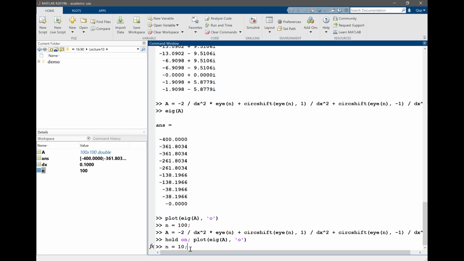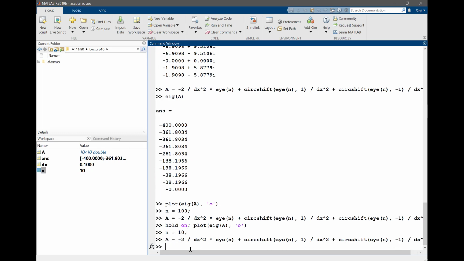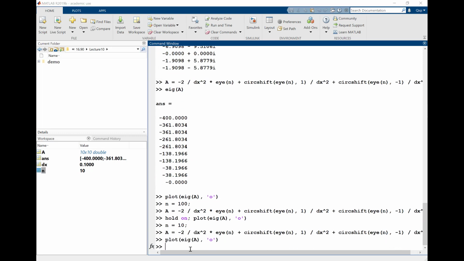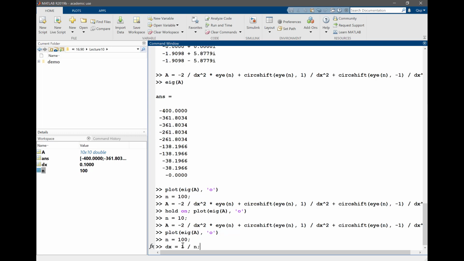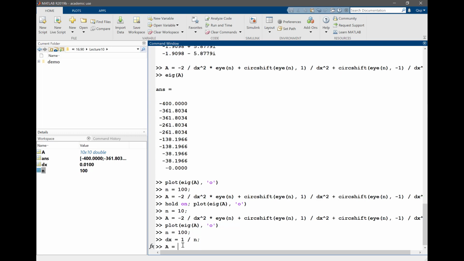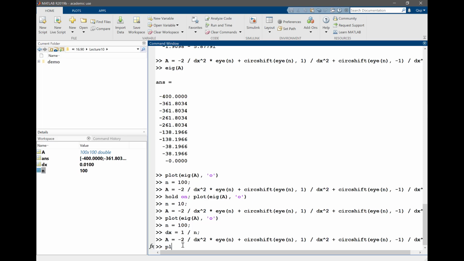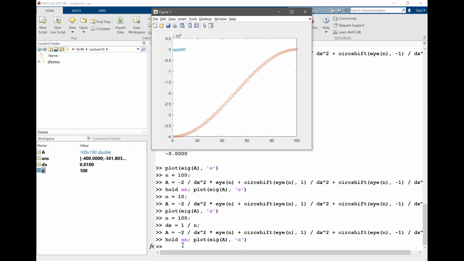So let's recover what we had before and plot it. That's the old figure, and when I set my bigger n, I have to recompute my delta x, and I have to recompute my A, and now I hold on, plot it again.